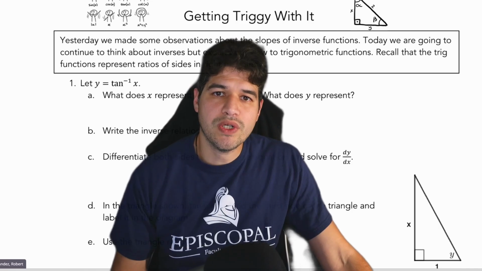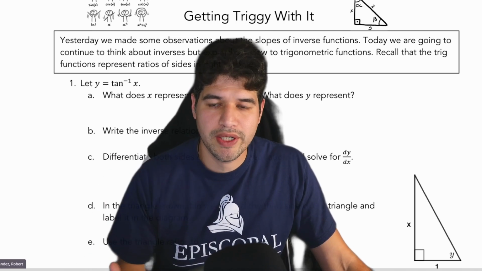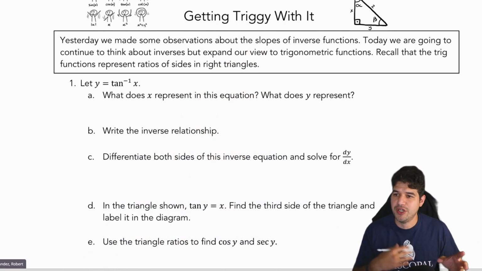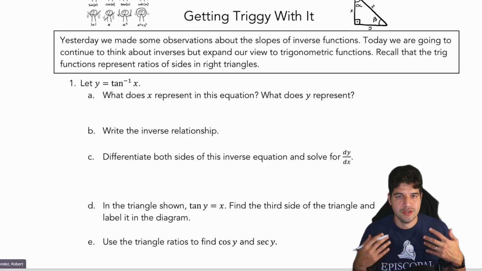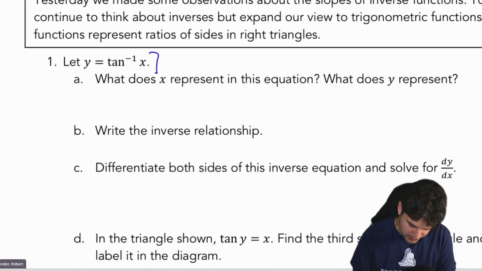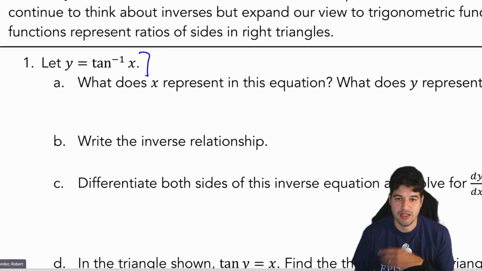All right, as I said, we're going to be looking at these trig derivatives, and we know cosine, sine, tangent, we know all of these derivatives, right? But what about their inverse trig derivatives? Okay, so we're going to be looking here at y is equal to the inverse tangent of x, right?